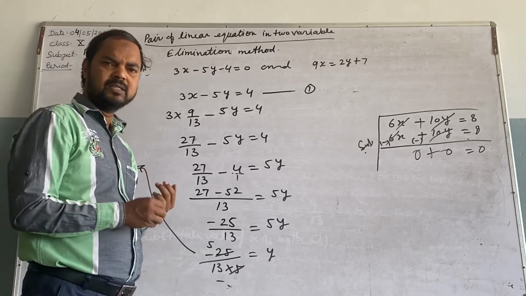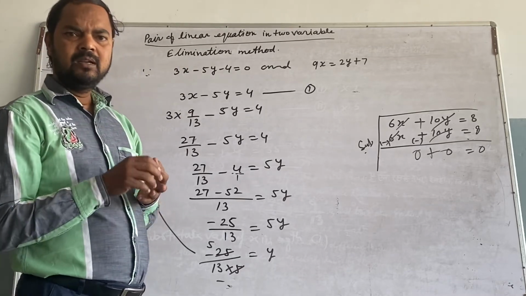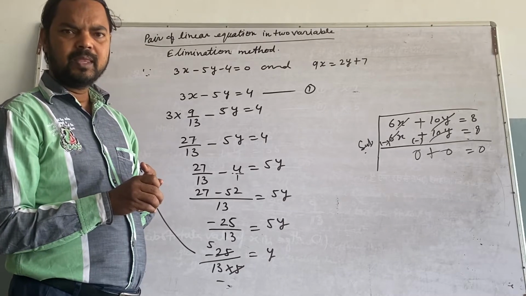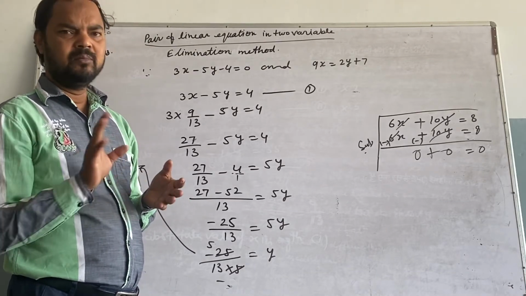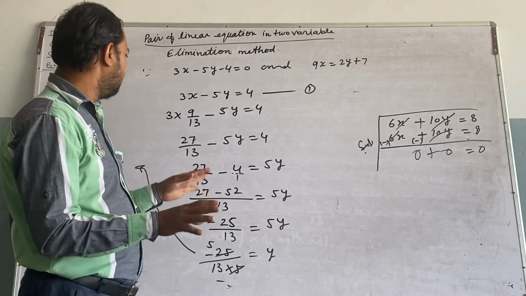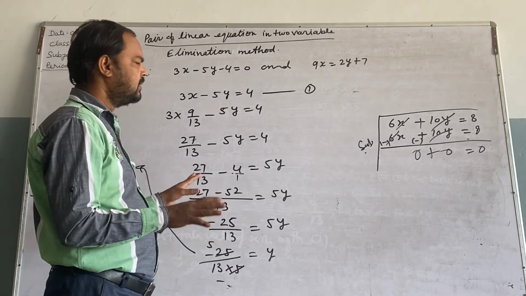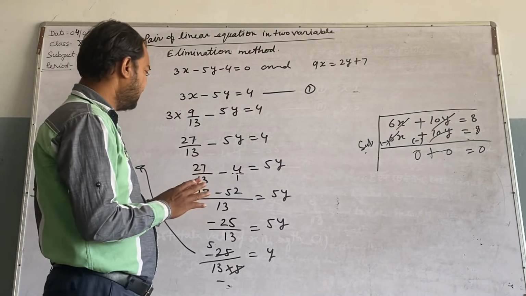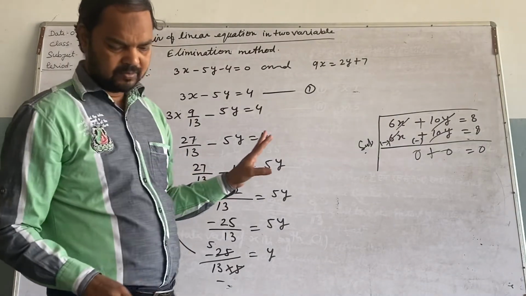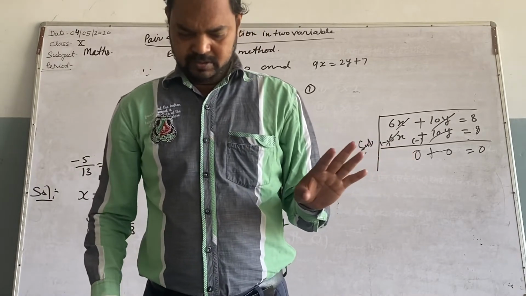In this method, first of all, we equate the coefficients of any variable x or y by multiplying by a suitable number. Then we add or subtract whichever is required to cancel or eliminate a variable. Then we can simplify and solve it. Now take one more question.